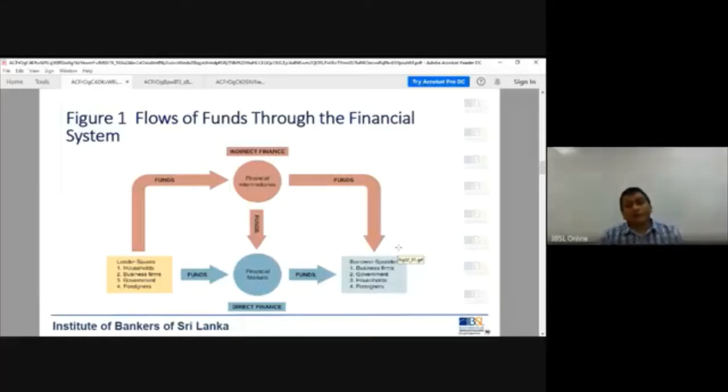Or from another perspective, financial intermediaries in indirect finance themselves come to the financial market and buy assets from the borrowers, because the borrowers issue the assets directly. They're asking the savers to invest directly. So the financial intermediary also becomes a part of these savers: household, businesses, government, foreigners, and you can say the financial intermediary is also there.